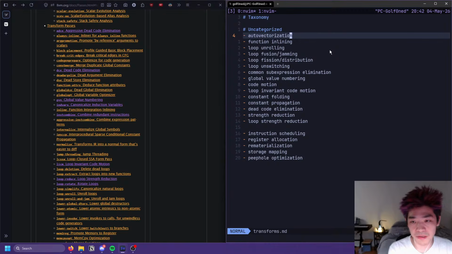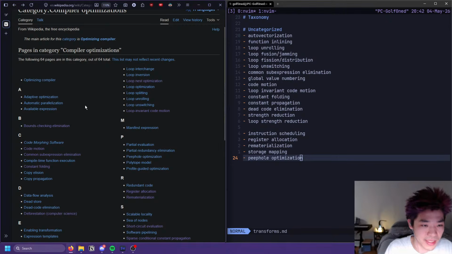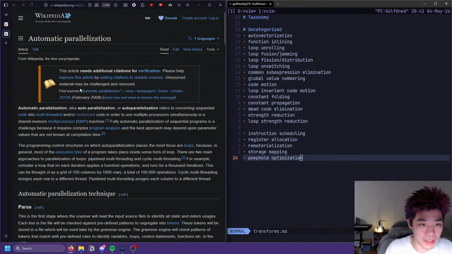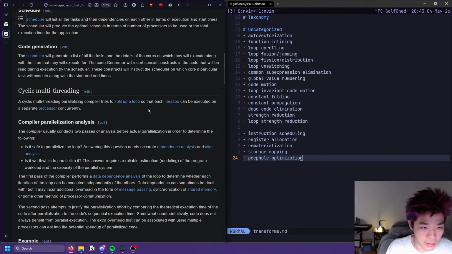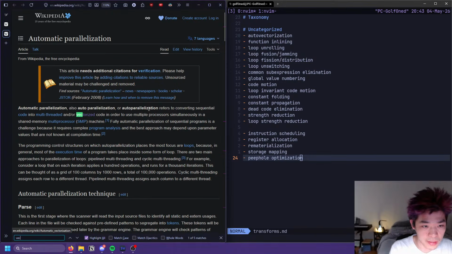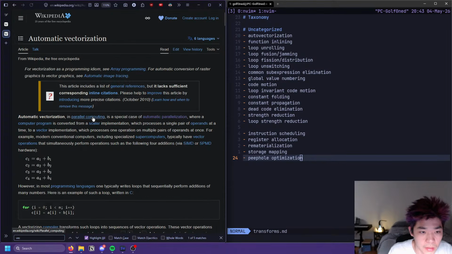Okay. So is there anything here in this list that we can use, or let's look at this list first. Automatic parallelization. Vector? Okay, yeah. I guess that is a special case of it.